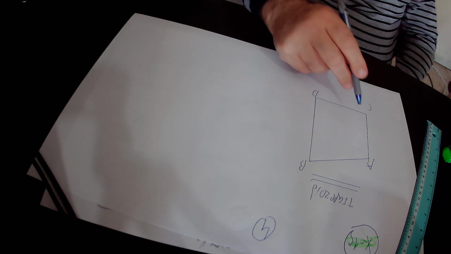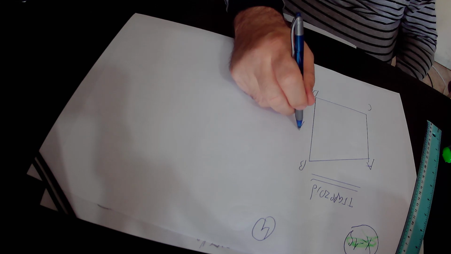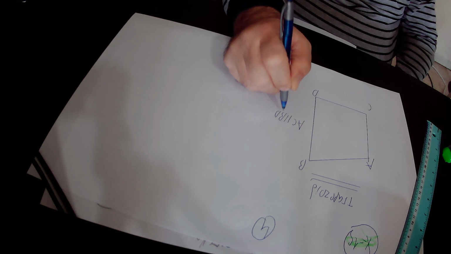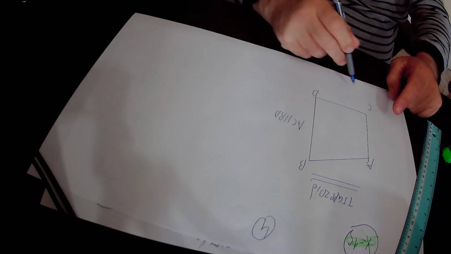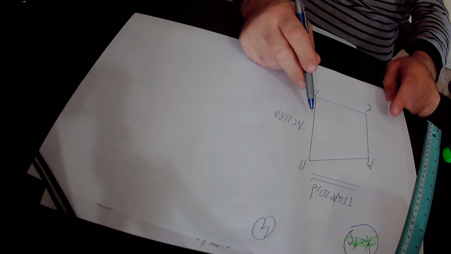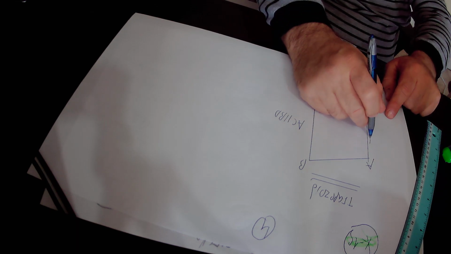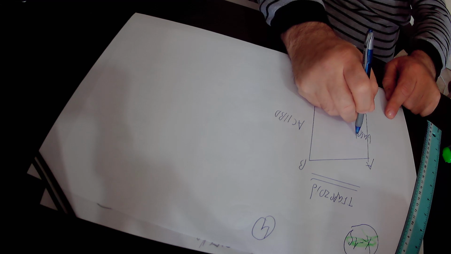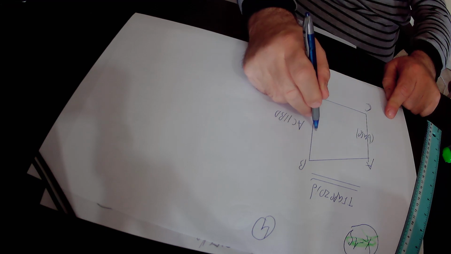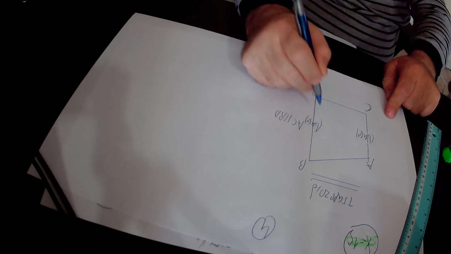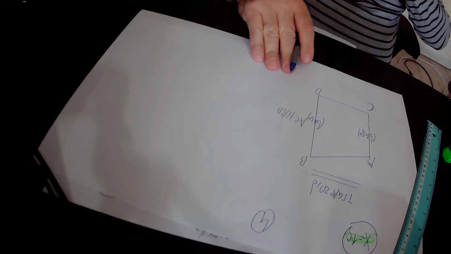In trapezoid ABCD, side AC is parallel to side BD. The two parallel sides, AC and BD, are defined as the bases of the trapezoid. So AC is a base and BD is also a base.